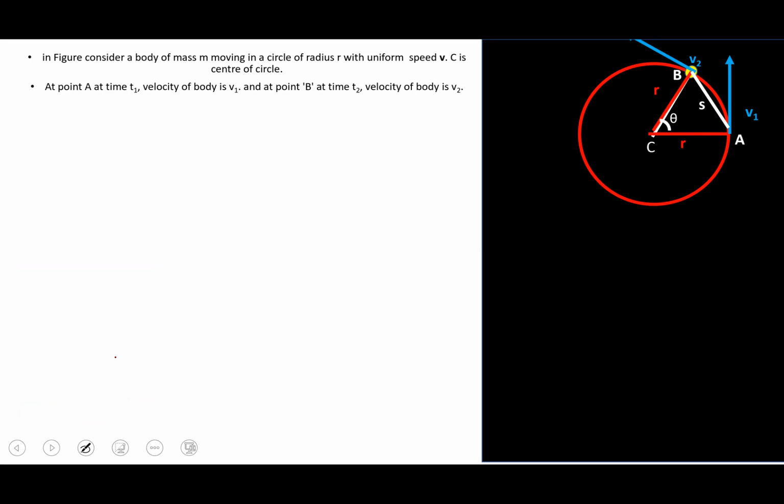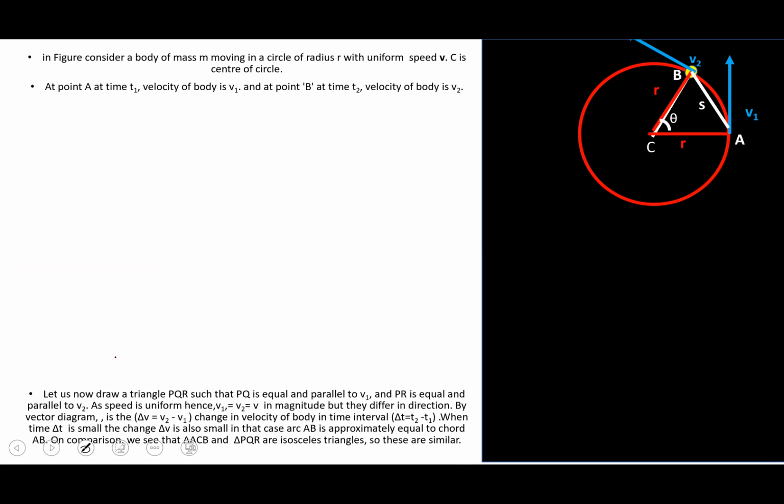So a body moves from point A to point B. In this whole process, it covered a distance S, and the angle which it made is theta. And the velocity is v2 because it changed its direction at point B.